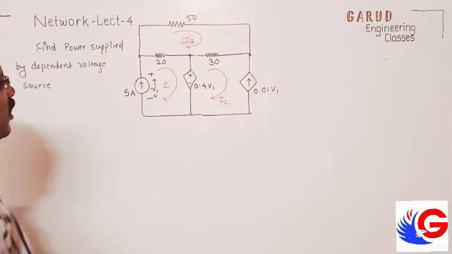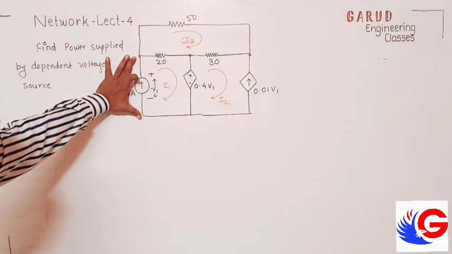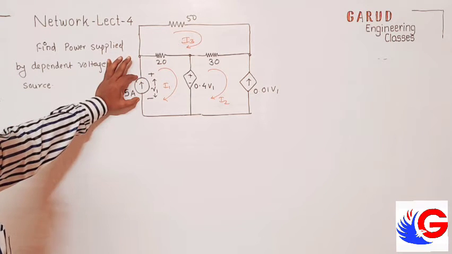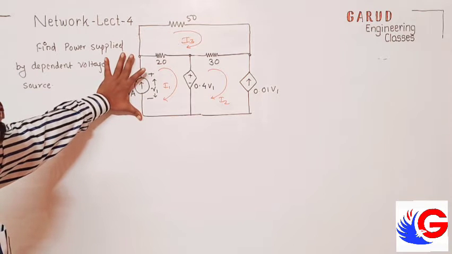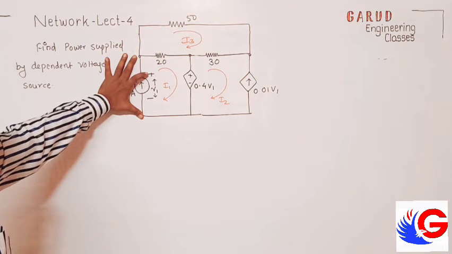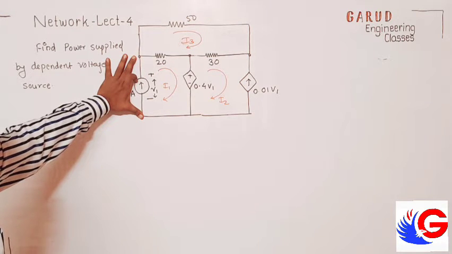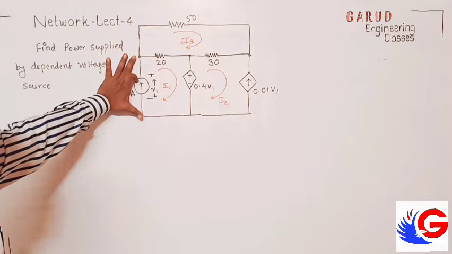So how to express what will be the V1 here, across this? This is 5 ampere. This is a current source. You want the voltage here. Correct? So how will you write V1? That is very important, in terms of I1. Then how will you express?